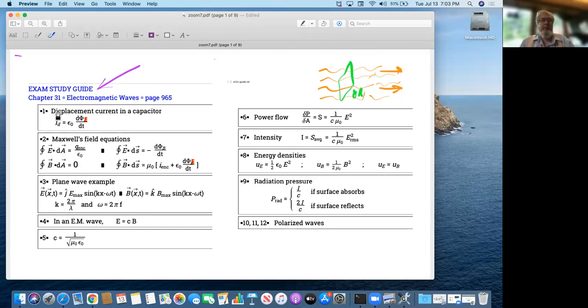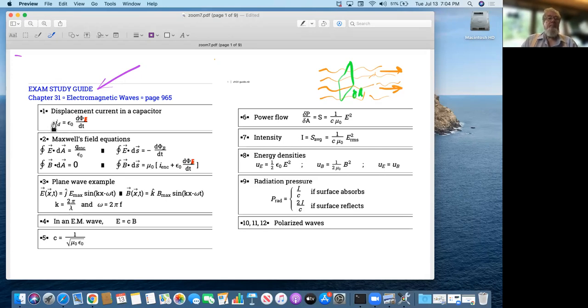So, chapter 31, there's a section on the displacement current. That was Maxwell's invention or hypothesis that he needed to complete his field theory. You can read about that in the book, or you can watch about it on the screencast at the YouTube channel.